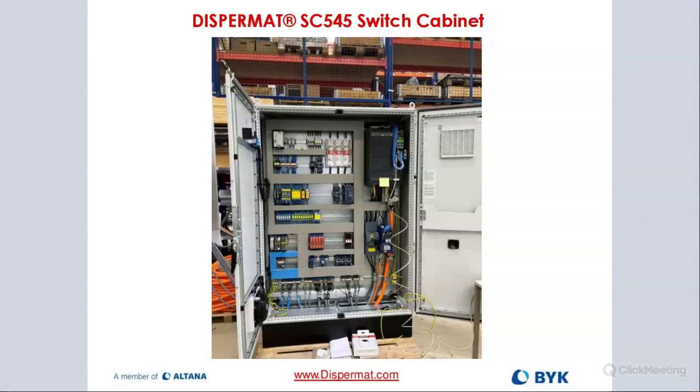So when you have an explosion proof model, this would be installed outside your EX zone. You would need to run a cable long enough to go from here over to the disperser, and the power that comes into the building is ideally close to that particular switch cabinet. And that's basically the electric control unit of the Dispermat.